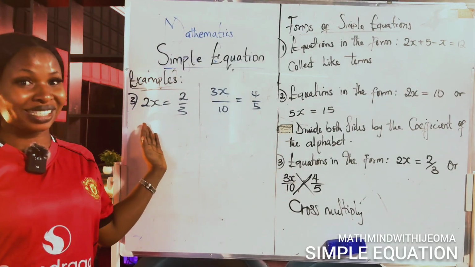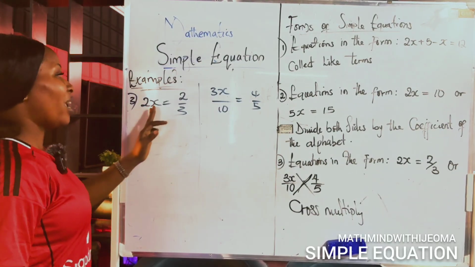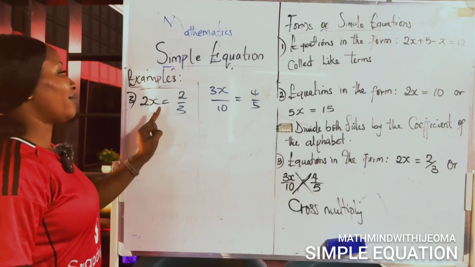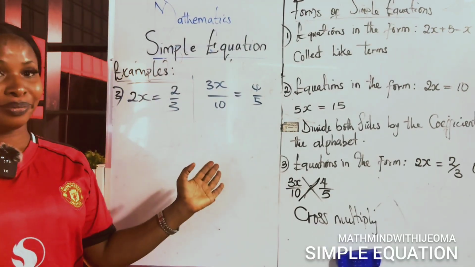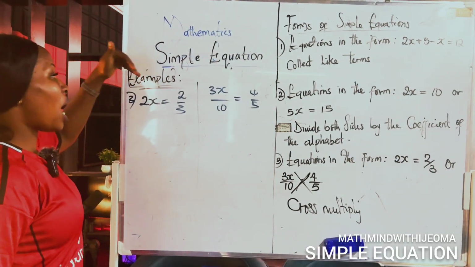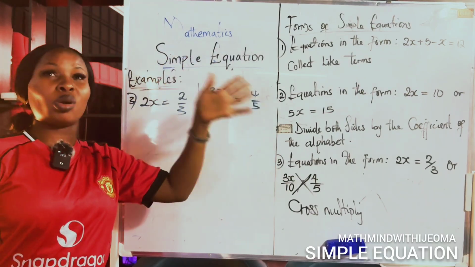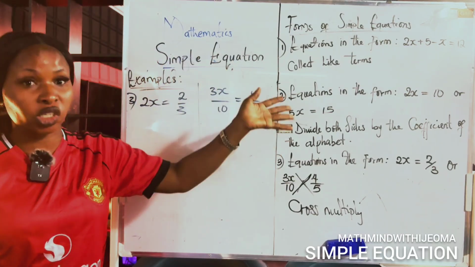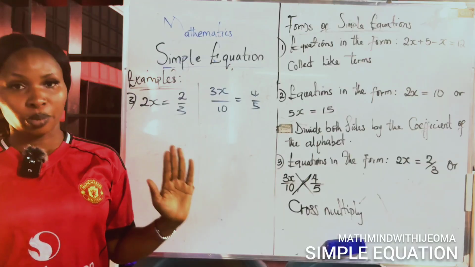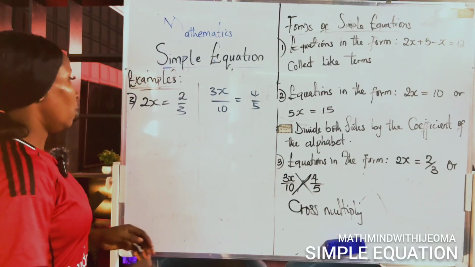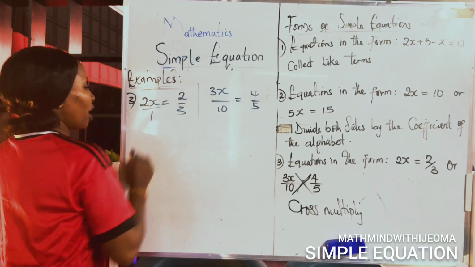Coming to the third example, we have 2x equal to 2 over 3. Remember, if you have anything fractional, whether a whole number at the other side or a fraction, just know that you will cross multiply. What do you do? Make this one a fraction.